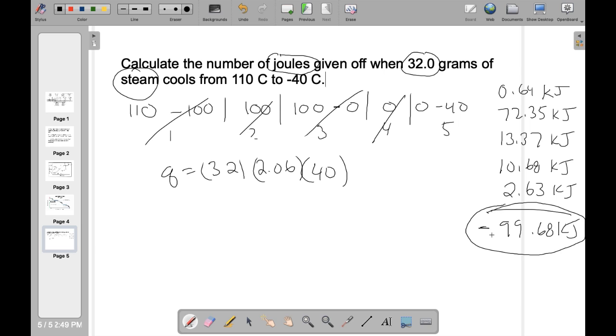Now, one other thing I want to point out is I have seen some problems where they simplify this entire process, and rather than using water, they might use some other material and give you the specific heat. I saw a problem where there was a phase change diagram like this, and basically it only said the specific heat of, let's just say, glass is whatever.